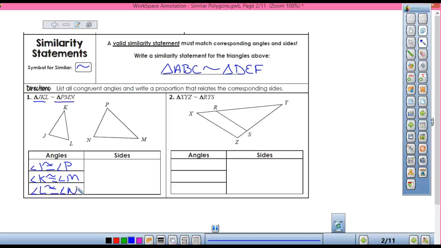Alright, so the sides are a little bit different. Now the sides aren't congruent, they're proportional. So we can start with side JK. JK goes to who? PM. So JK to PM, because remember that's how we write our ratio. JK over PM is going to be equal to, now we can use JL. So first letter, last letter, JL goes with PN.